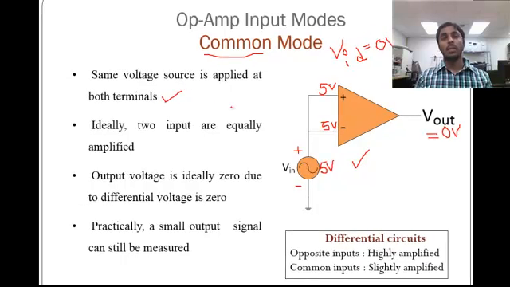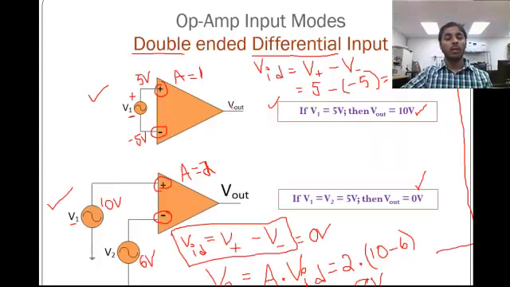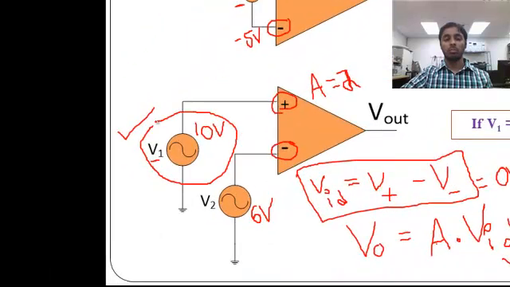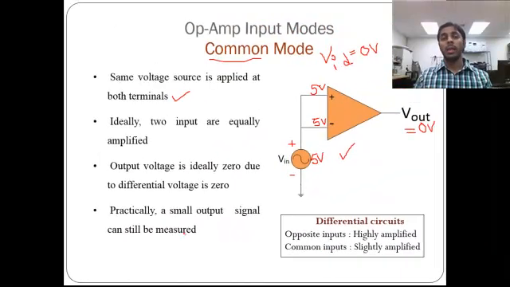Again, the common mode configuration is the same as a differential mode, except the signals at both terminals are going to be the same. In the double-ended configuration, you can see there are two different sources. You can apply the same voltage or different voltages, it doesn't matter. But still both configurations are double-ended configurations.